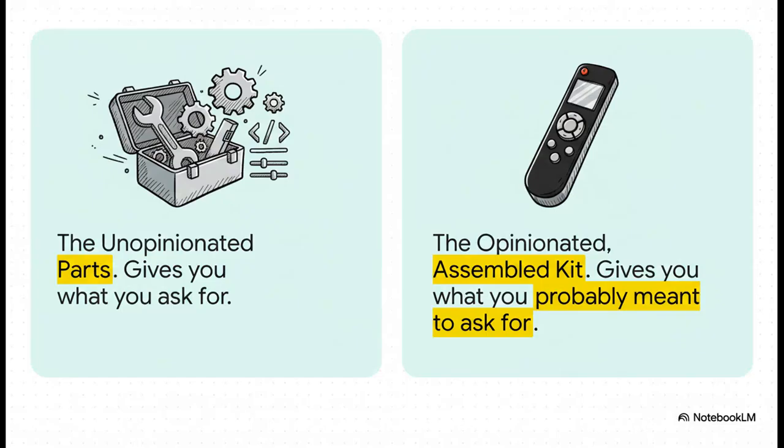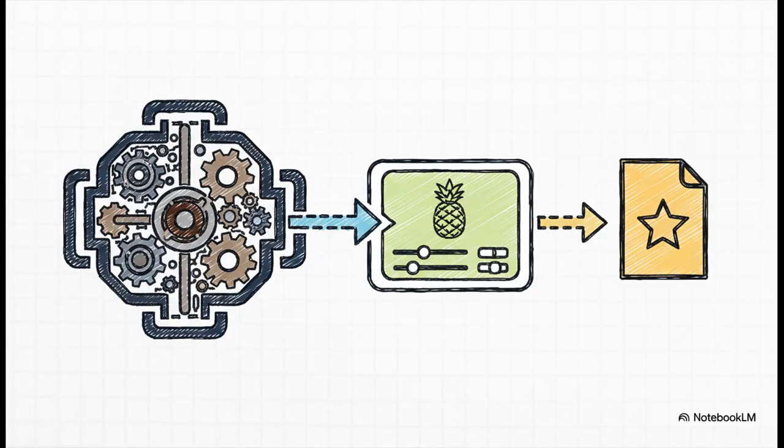And that brings us to the main event. The raw engine versus the expert system. Think of FFmpeg as this incredible, unopinionated box of parts. Pure power. But you have to know exactly how to assemble it, or you can make some really bad-looking video. HandBrake, on the other hand, is like getting a pre-assembled kit, tuned by people who live and breathe this stuff. And here's the big secret, the key insight.